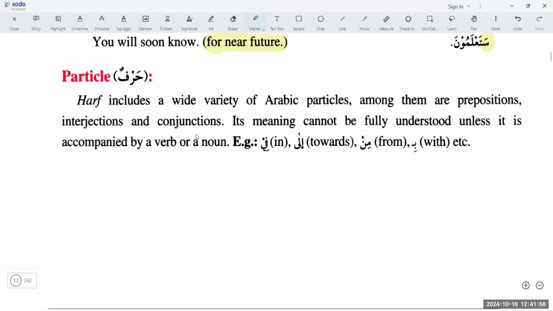Then harf, particle. Harf includes a wide variety of Arabic particles. Among them are prepositions. Interjections also fall in the category of the harf.